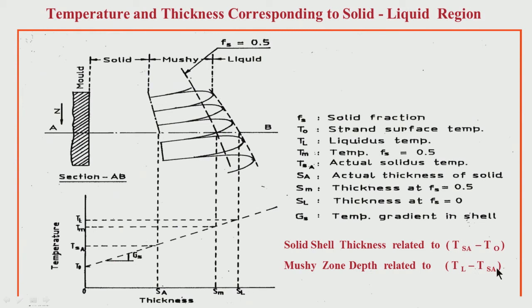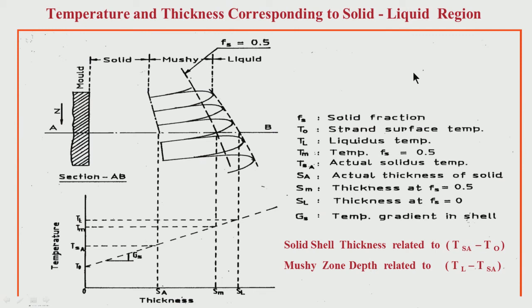So, the more the difference, the deeper the marshy zone becomes and the thinner the solid shell becomes. That means at the time of solidification you have a thin solid shell and a wide marshy zone because of segregation. When I discuss segregation it will be more clear to you.